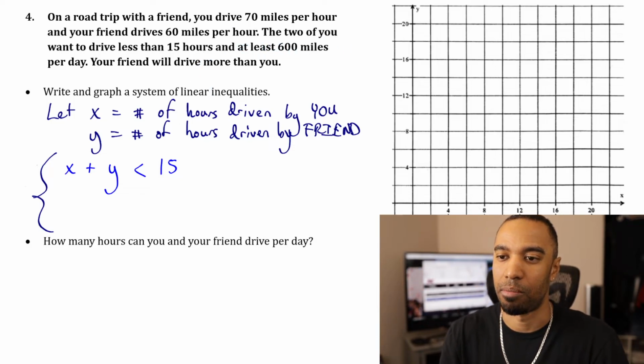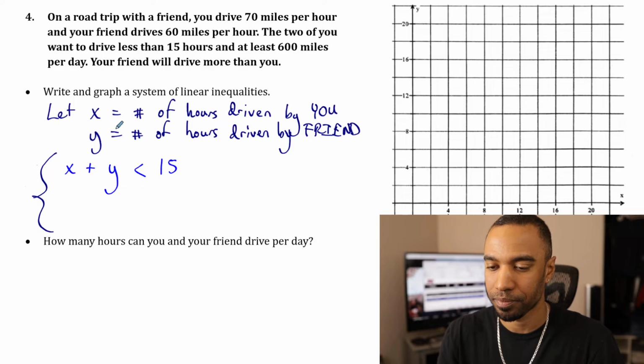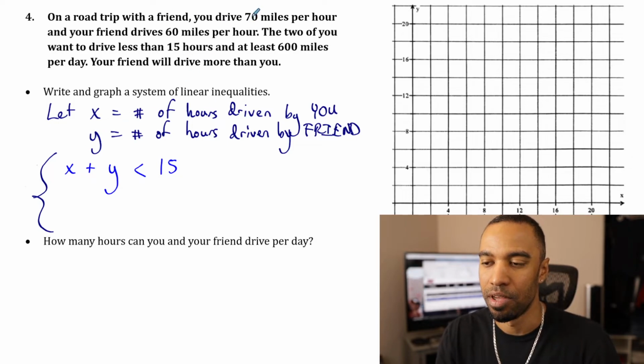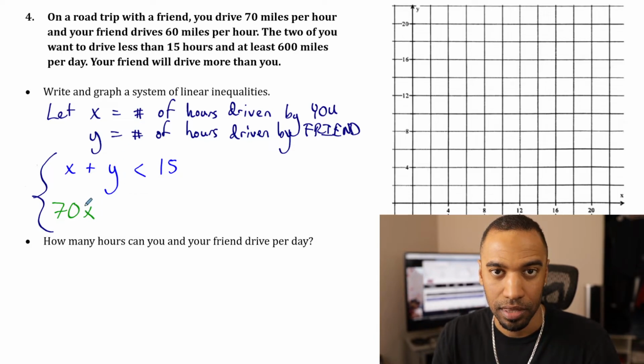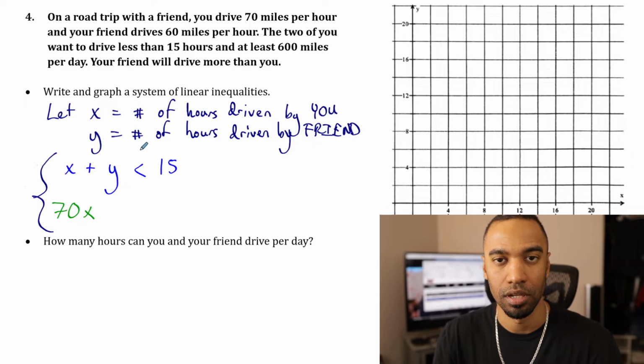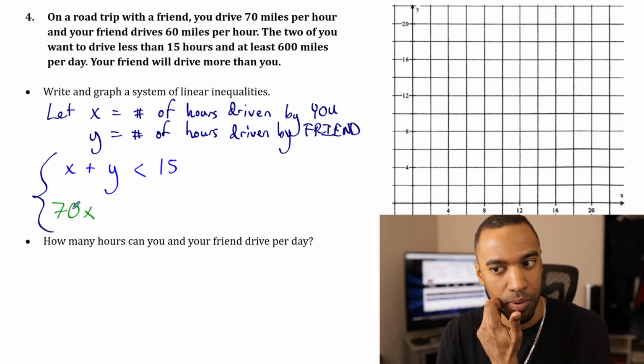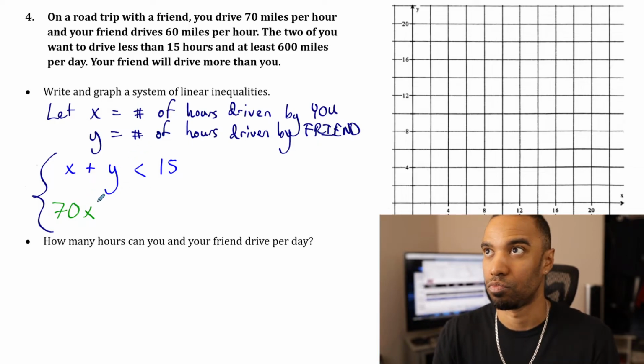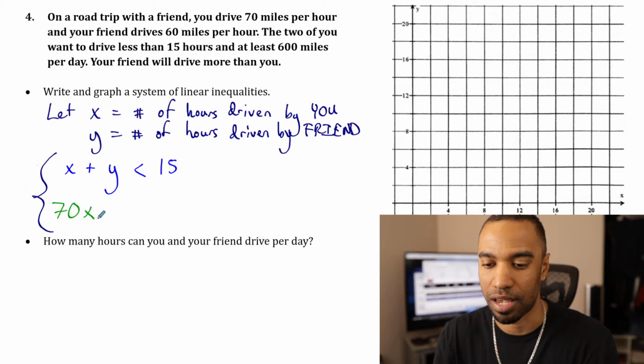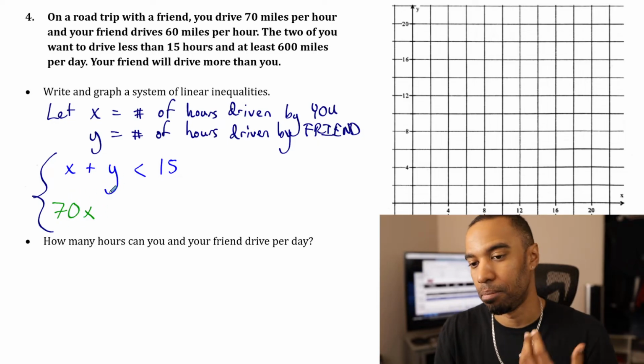And at least 600 miles per day. So the next one is where we apply this stuff. If I multiply 70 miles per hour by the number of hours that I drive, that will give me how many miles I've traveled. For example, 70 miles per hour times 10 hours is 700 miles. That's for me.